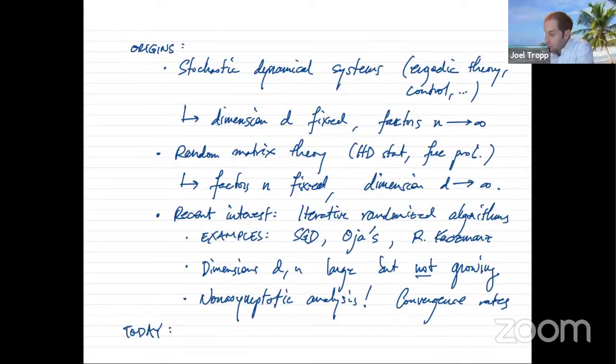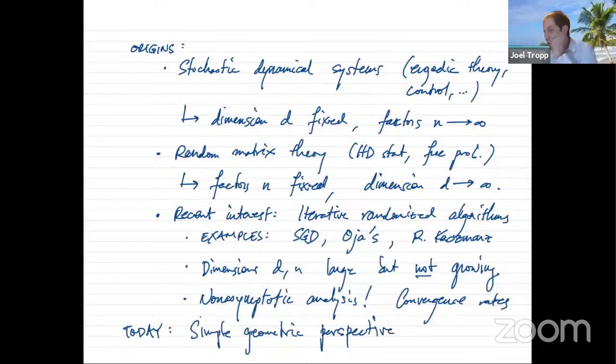And so today, we're going to talk about a very simple geometric perspective based on martingales and geometry. And then I'll give you an application to simulation of quantum systems. Okay. If there are any basic questions, I'll stop now and ask before we move on.